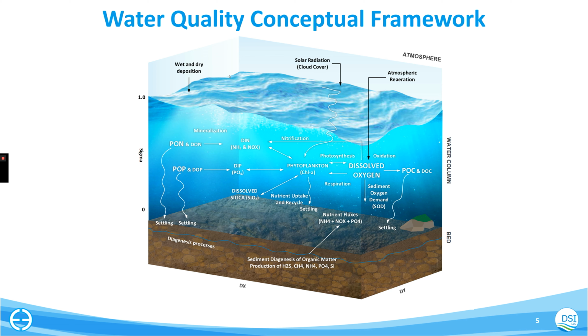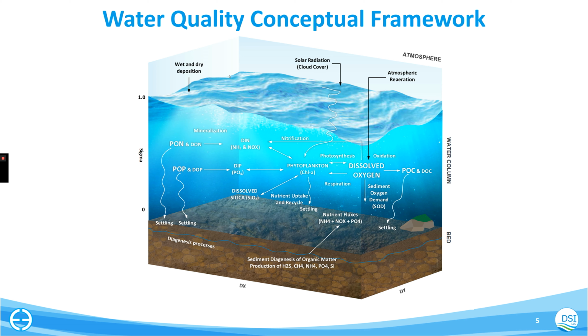And then the D stands for dissolved organic nitrogen, organic phosphorus, and organic carbon. And then you've got your dissolved inorganic phosphorus or phosphate, and your dissolved inorganic nitrogen, which is a combination. You separately simulate ammonia and NOx, which could be NO2 and NO3, just rolled up together into a single term in this model.